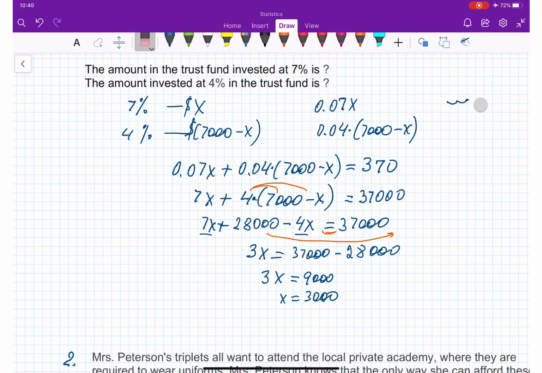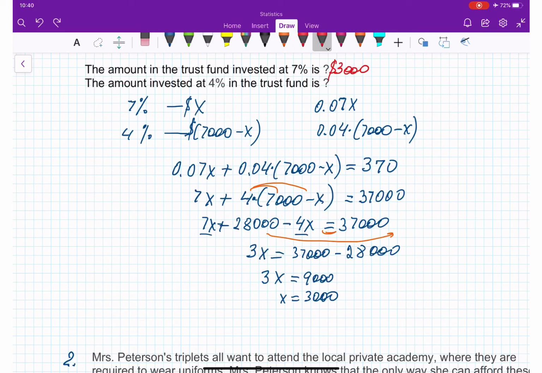Okay. So x is the amount of dollars invested at 7% interest, which means it's going to be $3,000. Now at 4% we have 7,000 minus x, right?